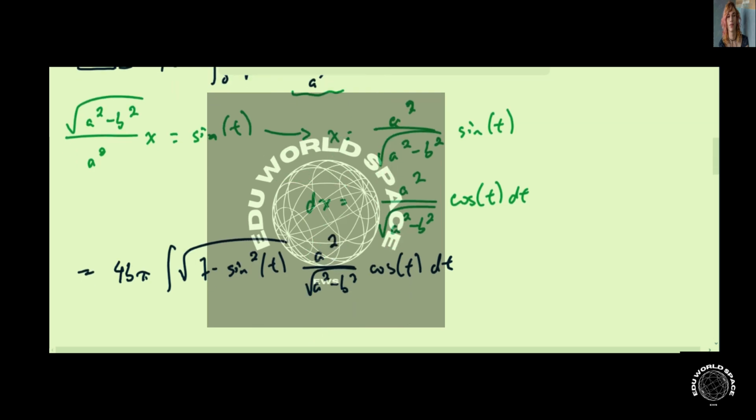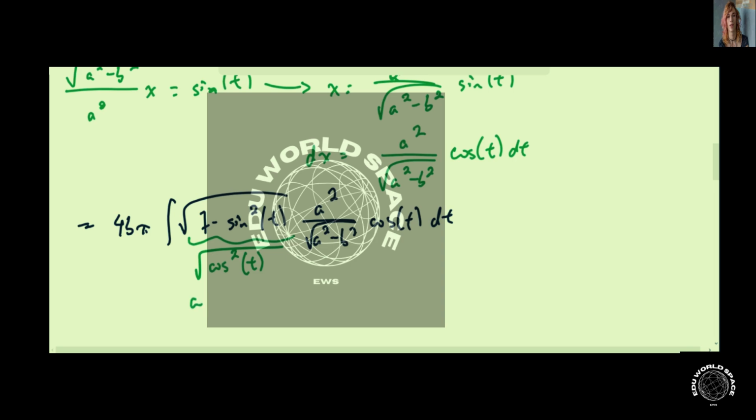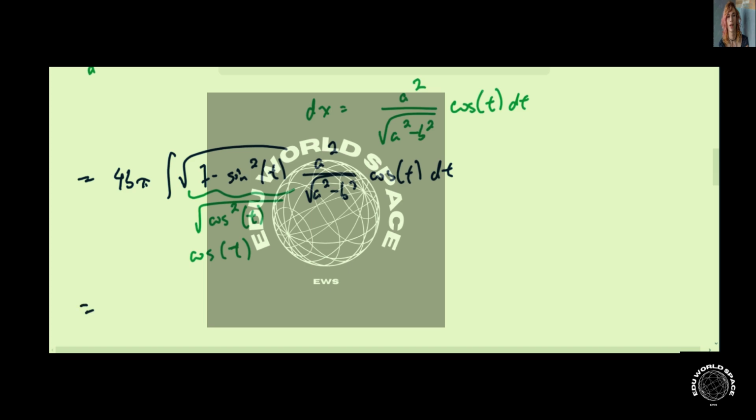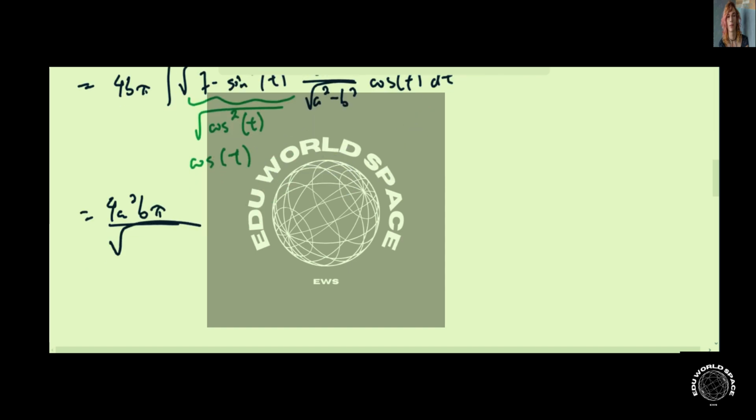And realize that all of this stuff here becomes just a cosine squared of t within the root, which is then going to become cosine of t. So factoring things out and rewriting this, this will become 4a squared b pi over the root of a squared minus b squared times the integral of cosine squared of t.